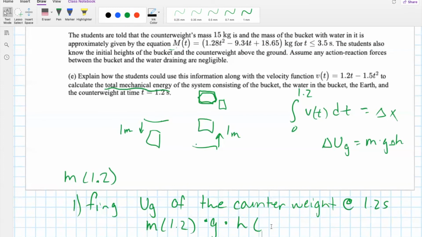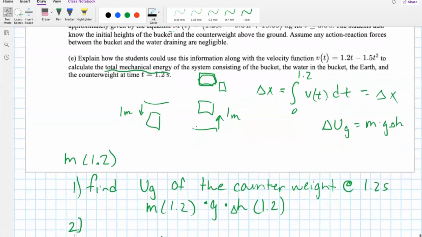And the height at 1.2 seconds could be determined by integrating this function. Or the change in height here, sorry. Find. Sorry, I'm trying to rush this. I apologize, y'all. I'm making mistakes. But I understand it is late.